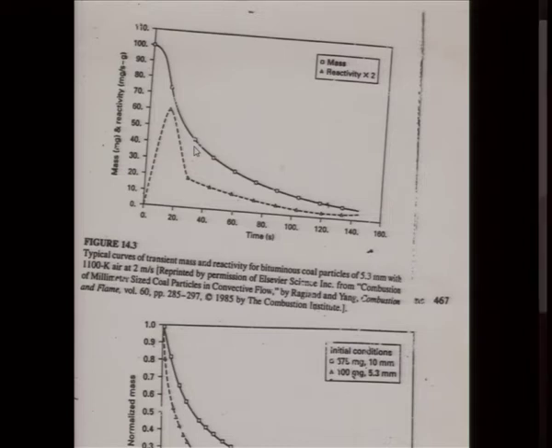Then the volatile flame probably got extinguished, and that's why this change in slope here. And then it became a much slower process. This is very fast, this is much slower. And the reactivity curve actually shows you more dramatically how the rate of mass loss comes down. Okay, so that is when the flame has gone off. There's another one.